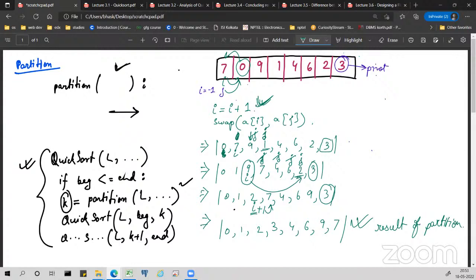Fine. Now you see, so you have placed 3 at a position. See, on the right hand side, there is no element which is lesser than 3. On the left hand side, there is no element which is greater than 3. We got lucky because we got a sorted order over here. See? And here we got unsorted.